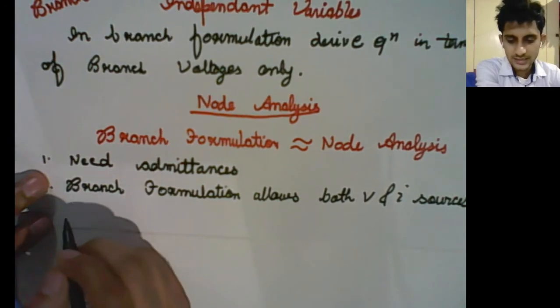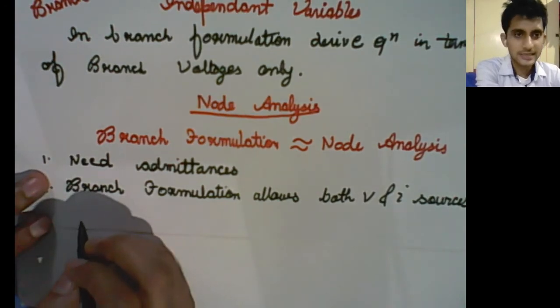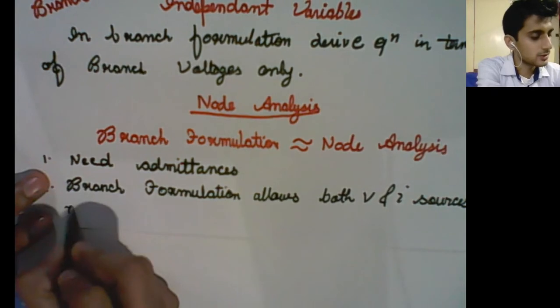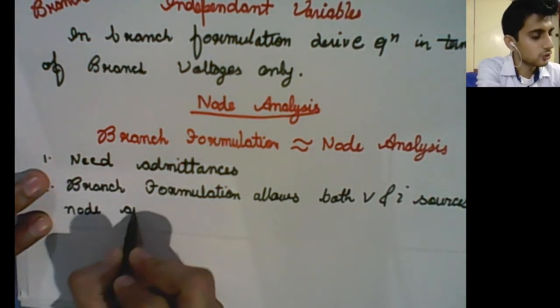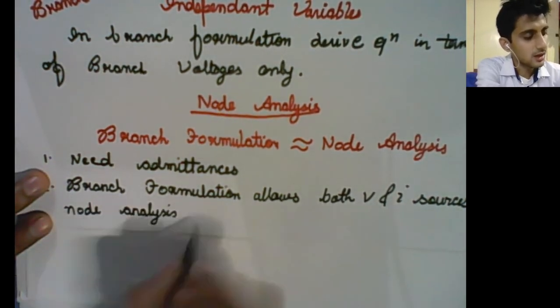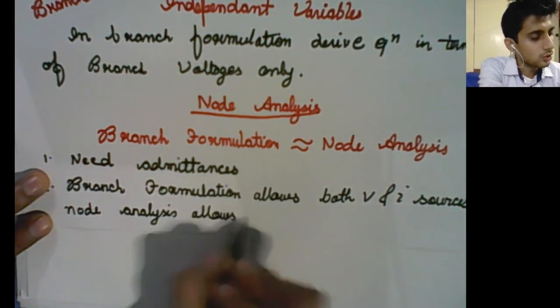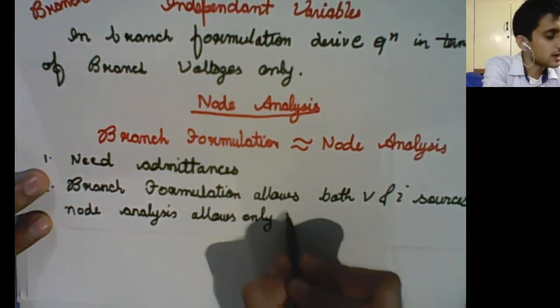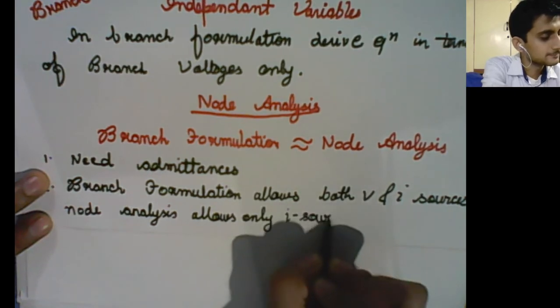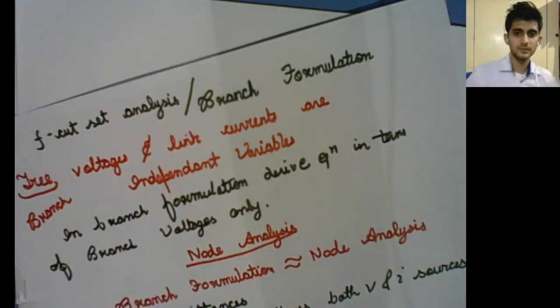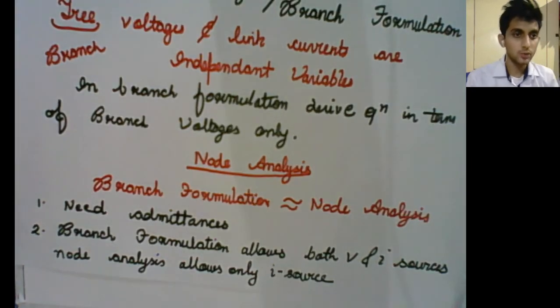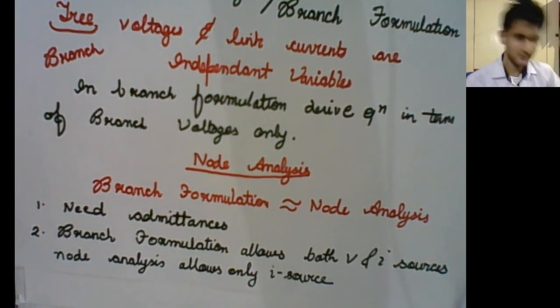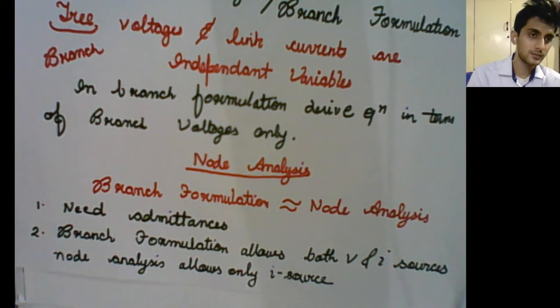So I can say that node analysis or node pair analysis allows only current source. तो ये दो important features या properties regarding branch formulation हमने यहाँ लिख दी हैं, which is sort of a node analysis.